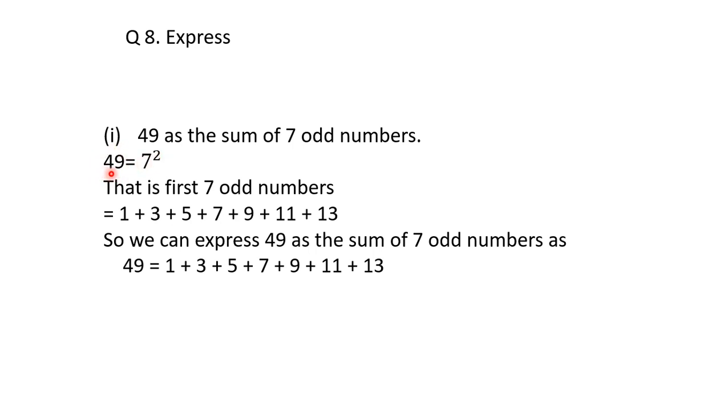If it is a square number, then we can write it as the square of the number. And then starting from 1 we write the odd numbers. For example, here we have been given 7, so we write 7 numbers. If we are given 8 or 9, we have to write 8 or 9 odd numbers for expressing the given number.